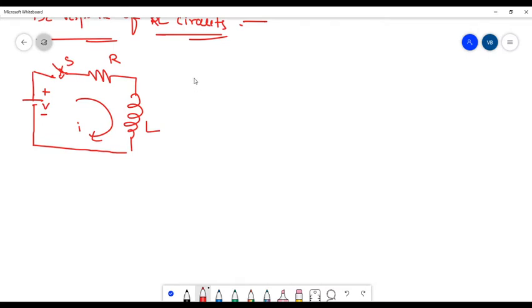So can you apply KVL for this loop? Yes, whenever switch S is closed, it will form a loop. So what is the loop equation? Here current is entering at the negative terminal of the voltage source, so we should write that source value as positive, V minus RI, the voltage across the resistor. And what is the voltage across the inductor?